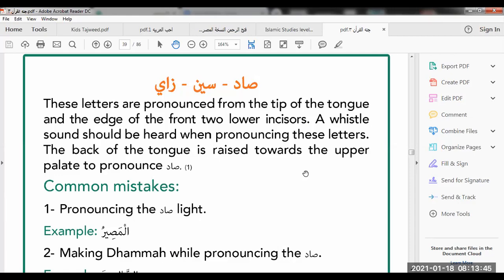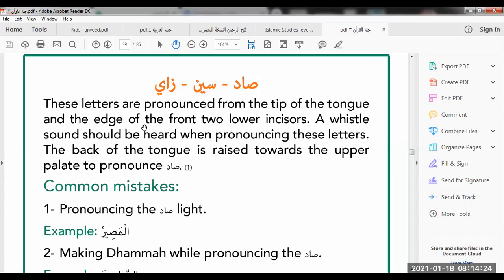The second is the edge of the two front lower incisors. These two organs, the tip of the tongue and the edge of the front two lower incisors, make the letter.